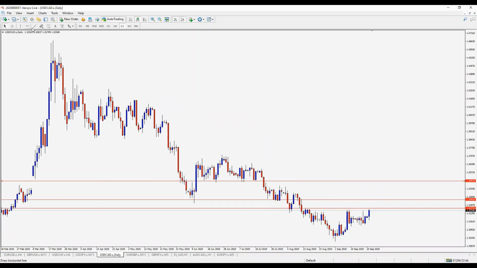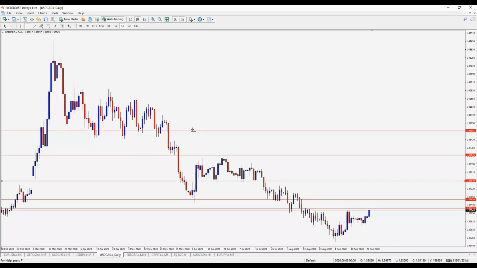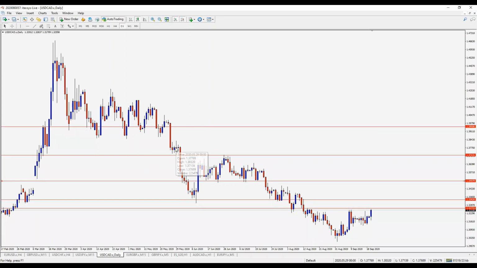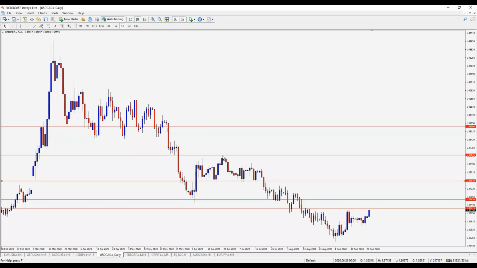Of course, above this level, by the way, we have an excellent supply here and here, right? That area. But as you can see, this one was already checked. That's the first touch, so I won't say it's not valid as a first touch level supply.